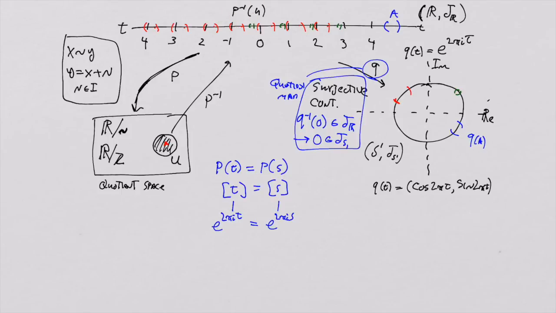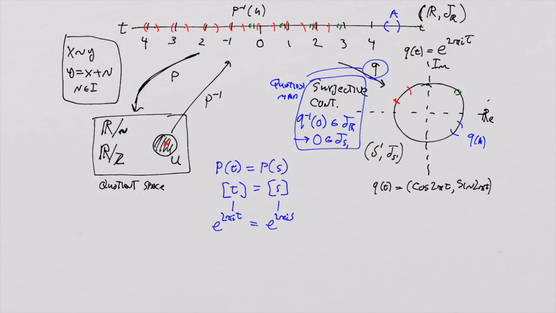It's saturated because every point here is an equivalence class, and this preimage is just the union of all the equivalence classes that are jammed into this open set U. So these are all saturated. But remember, if an open set is saturated, then a quotient map takes it to an open set also. So this is a quotient map, and all of these things are in play.